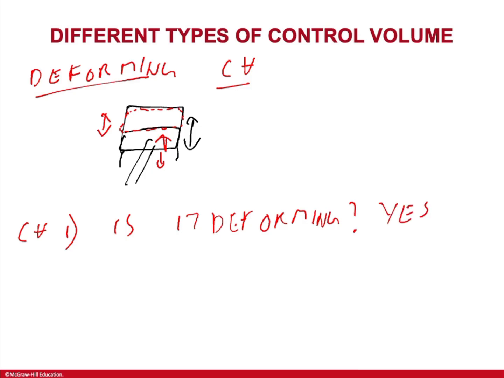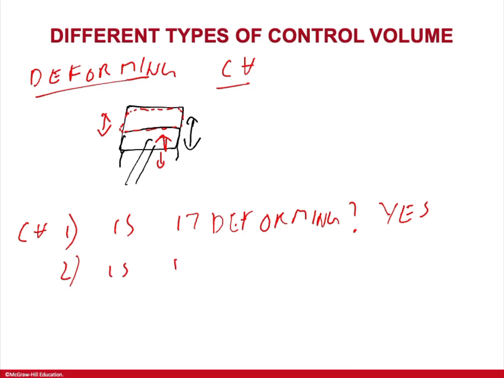The control volume is deforming because if you're constantly looking at the mass of air or the pressure in that fluid trapped in the engine cylinder through the cycle, through a 4-stroke or 2-stroke cycle, then your volume is changing. So hence your control volume is deforming. But what about the second question?